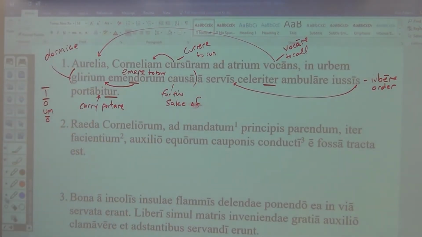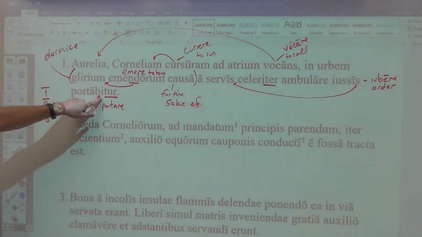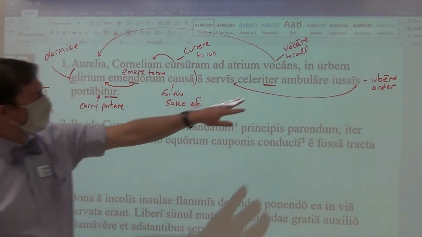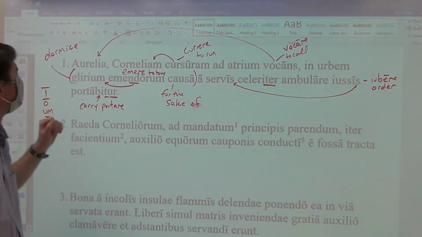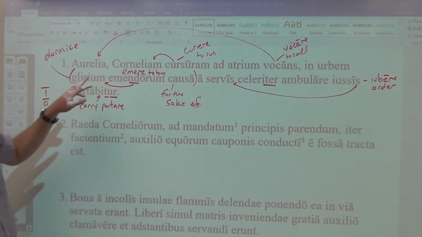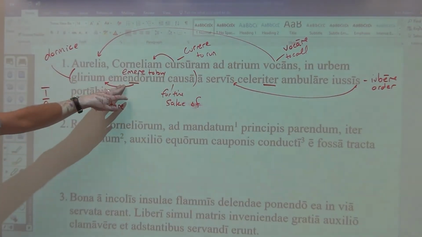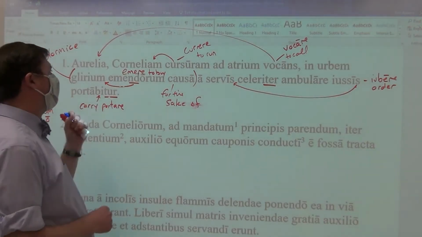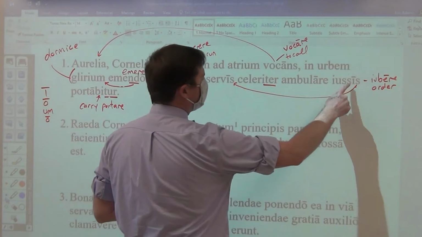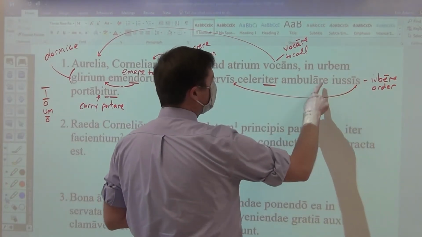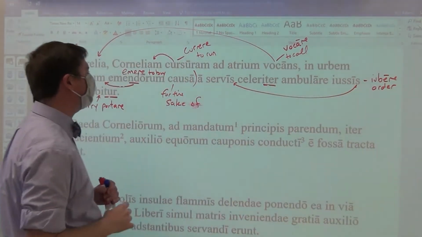That Aurelia will be carried into the city, in plus accusative, into, for the sake of dormice about to be bought. And she will be carried by slaves, the ones having been ordered to walk quickly.